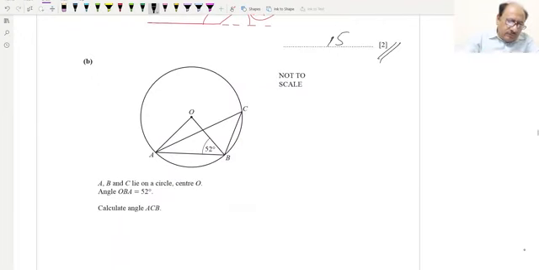Now the B part says diagram is not to scale. A, B, C lie on the circle center O. Angle OBA is 52 degrees. Calculate the angle ACB. Now we can check for angle ACB. For that, we know that this is a radius, and this is also a radius.